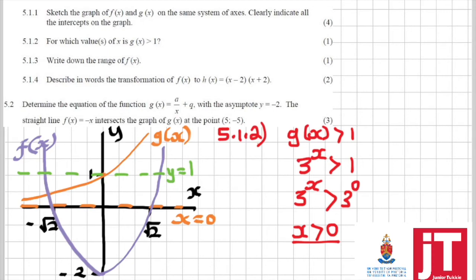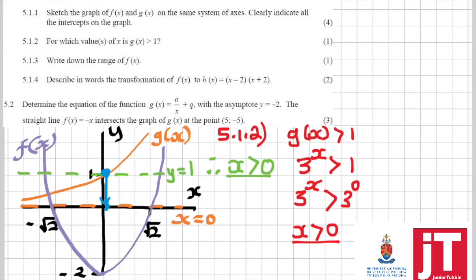As you can see visually, the most important part is that point over there. Starting from that point going to the right, we know that the graph would be above the broken line. And the x value, if you read it from the x-axis right there, is literally at the origin. So x is greater than 0 straight away. So it's x is greater than 0.